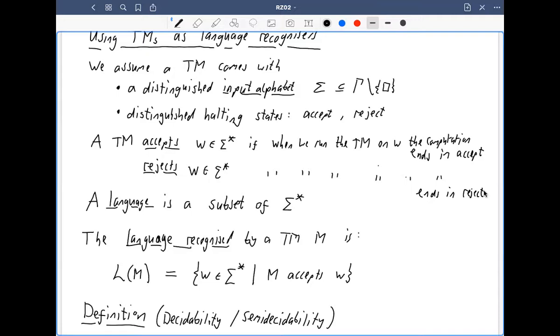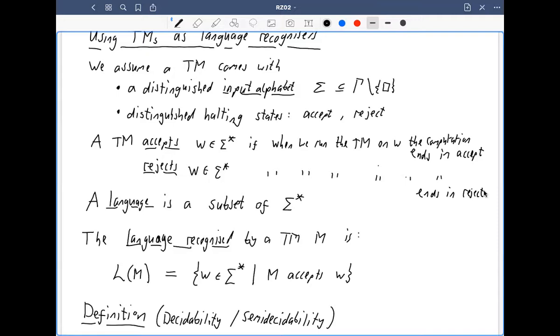And we're going to be interested in problems where we give the problem in such a way as: so we're looking at a particular alphabet from which we take the input words, and we're interested in, do we accept this word or do we reject this word?